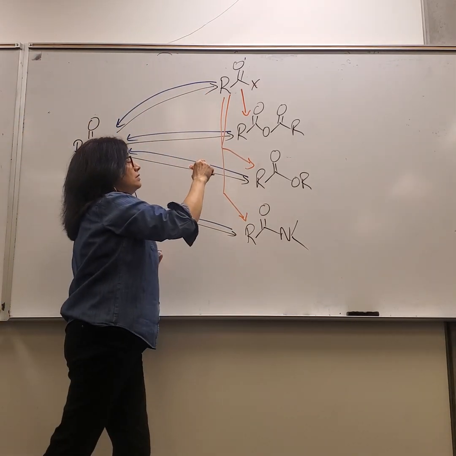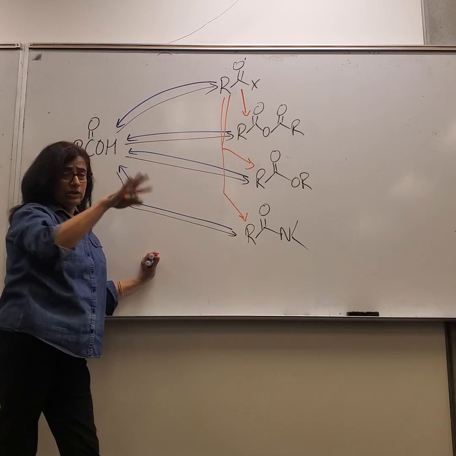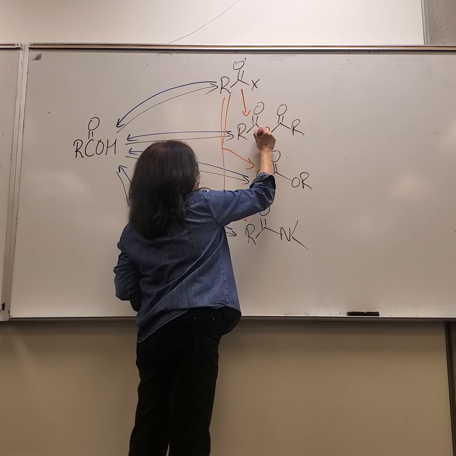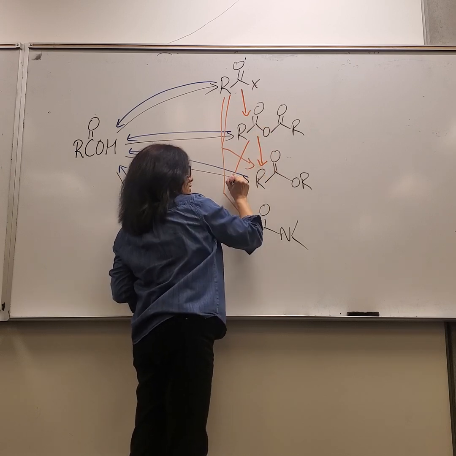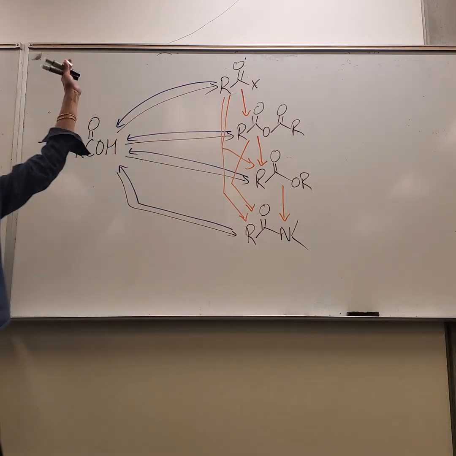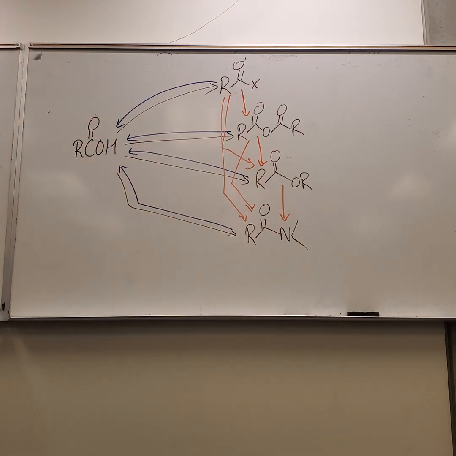Can it go directly or step by step? Directly. We'll look at each of those. Ester can go there, but not to the more reactive side. Once you know one, you will be able to predict all the others.